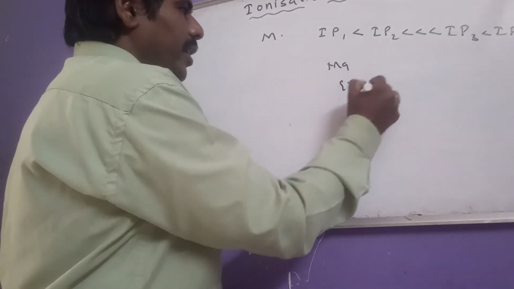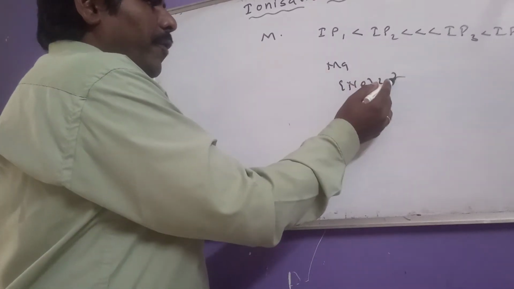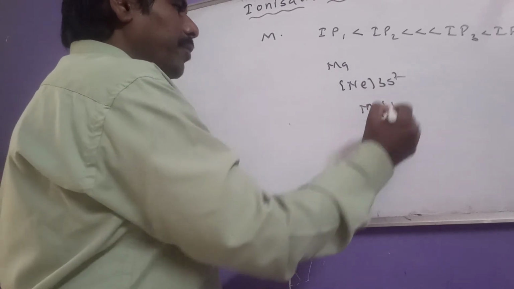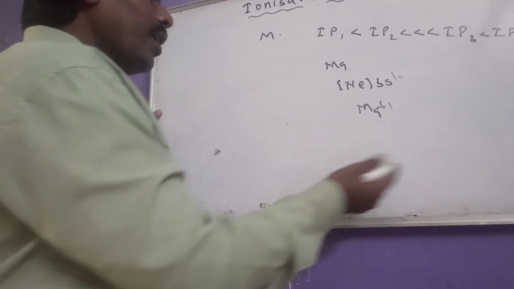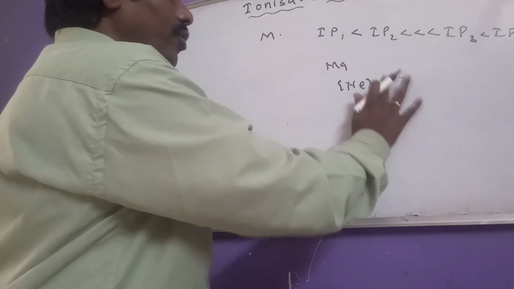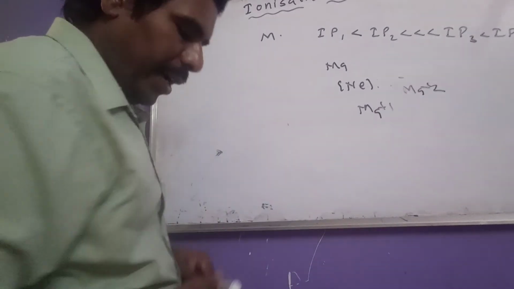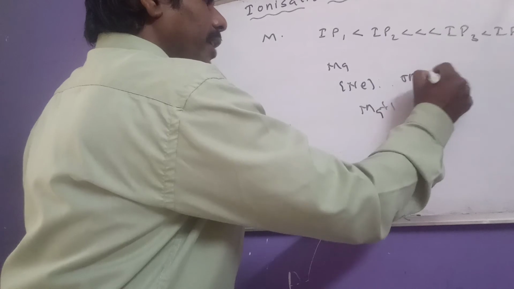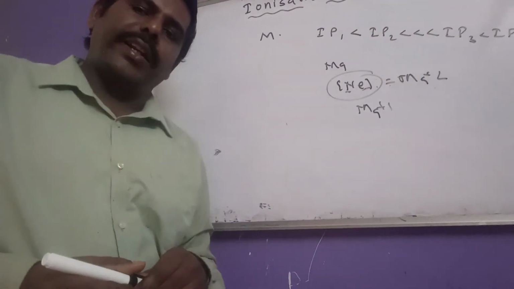Its configuration is neon 3s2. By providing some heat energy, the first electron is lost to give Mg plus, with configuration neon 3s1. By providing some more heat energy, this electron is also removed, giving Mg plus 2. But Mg plus 2 has the neon configuration.